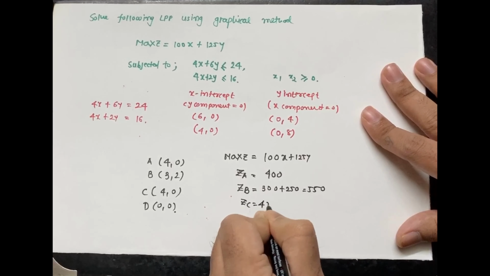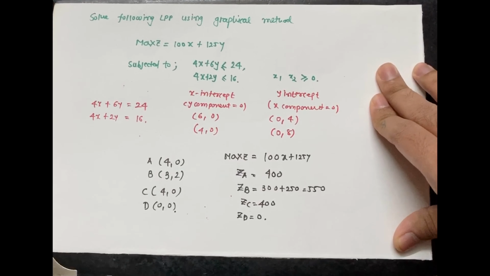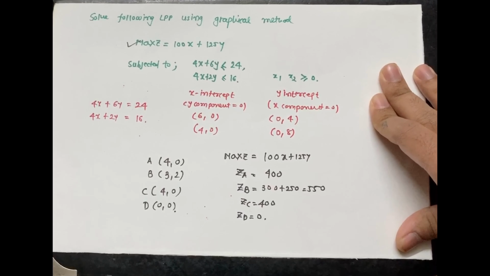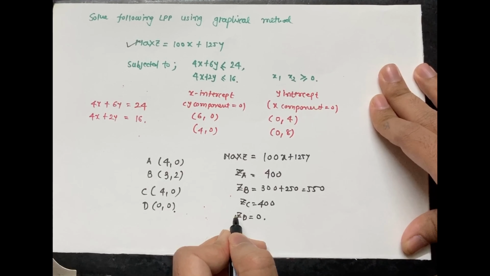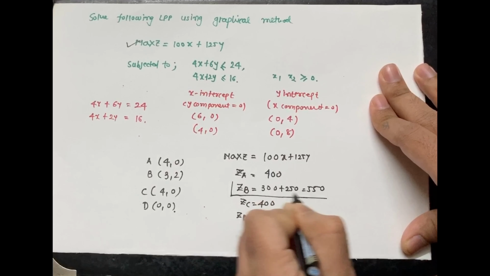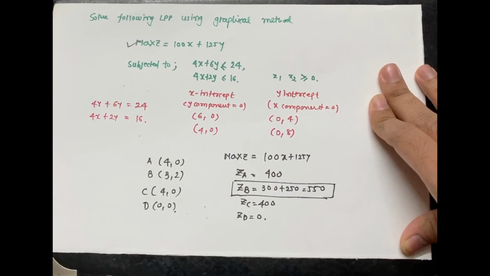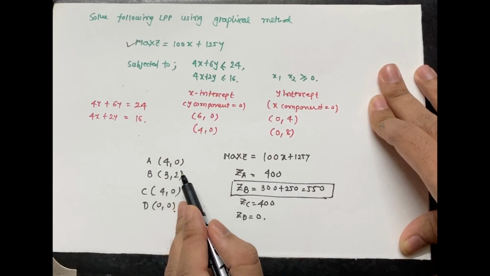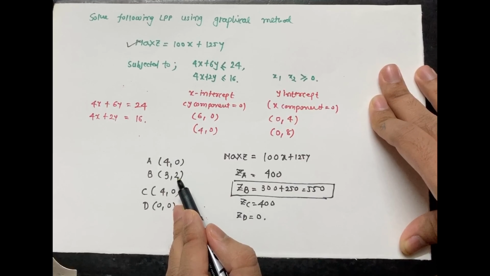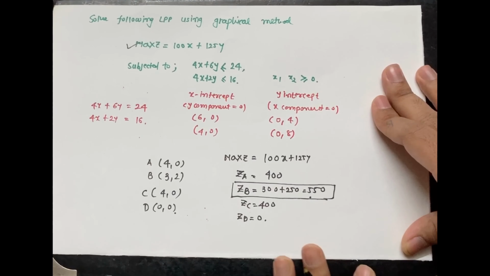ZC again is 400 and ZD is 0. The objective function is max z, and corresponding to these feasible solutions, the maximum value I am getting is for the coordinate 3, 2, which means x should be selected as 3 units, y should be selected as 2 units, and the maximum profit is 550.